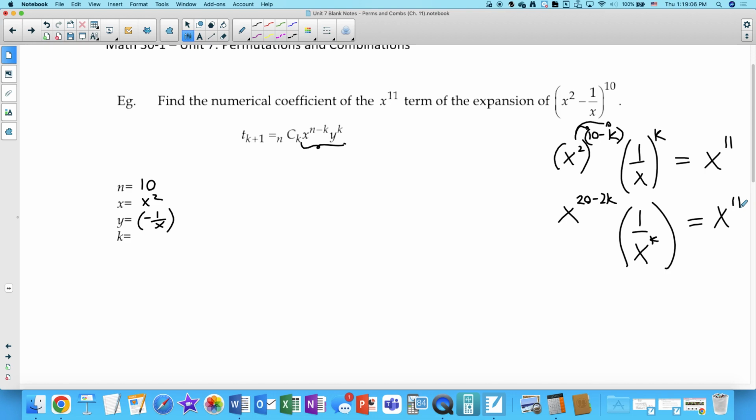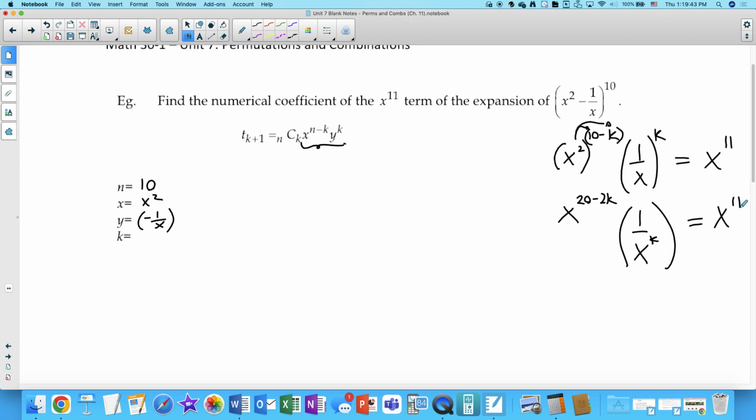So when I'm solving for k, I always just ignore the signs and the coefficients. I'm definitely going to deal with them, but only after I get my k, and then I can figure out what the real term is.